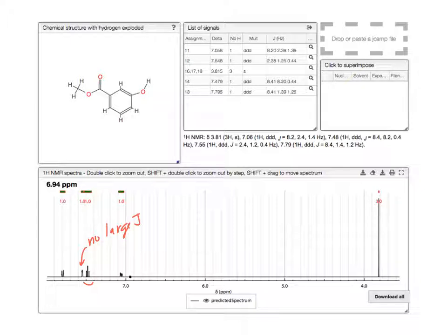Even though they're all still doublets of doublets of doublets, this one has no 8 Hertz coupling. So this fits much better, and the chemical shift is pretty close between these.